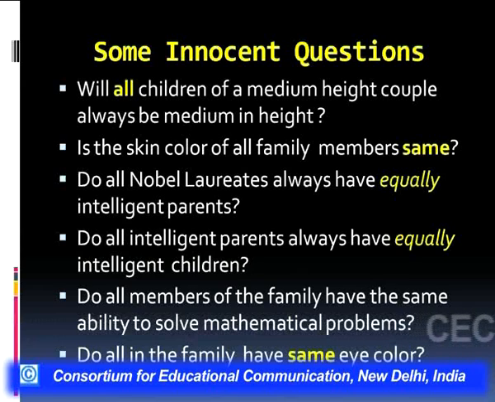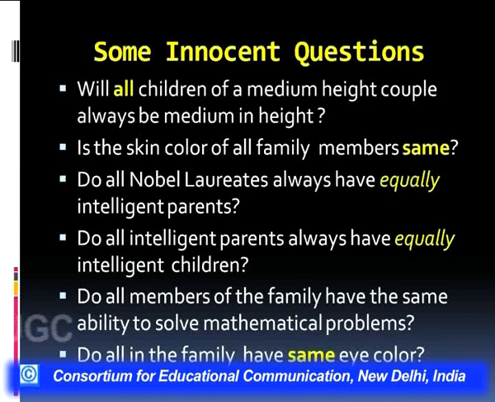You see in your own family, do all your brothers and sisters have the same skin color as the parents? There are people who are fairer, there are people who are darker. And coming to intelligence, we have a whole list of Nobel laureates in different disciplines of science, technology and humanities. Is it necessary that they have equally intelligent parents?